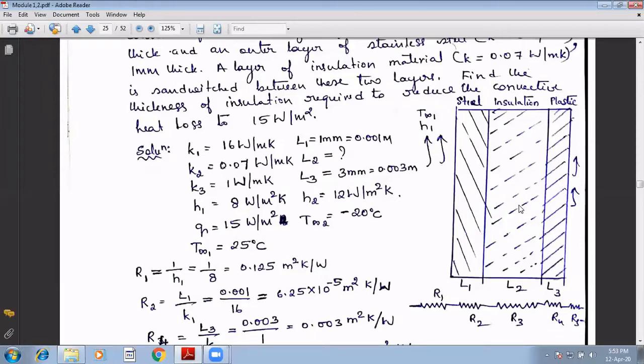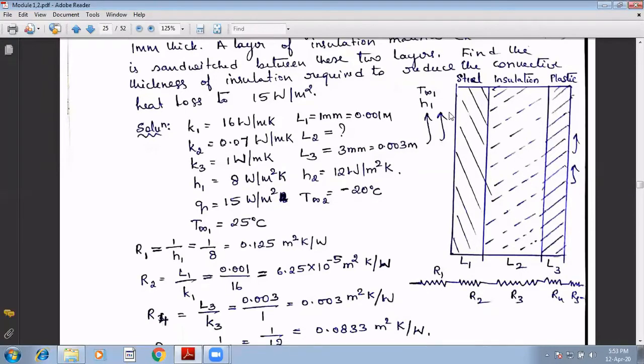While transferring, we have 1 convective resistance here, 1 more convective resistance here. So R1 is nothing but 1 over h into A, but area is considered to be 1 because the heat flux is given per meter square, meaning area is 1.